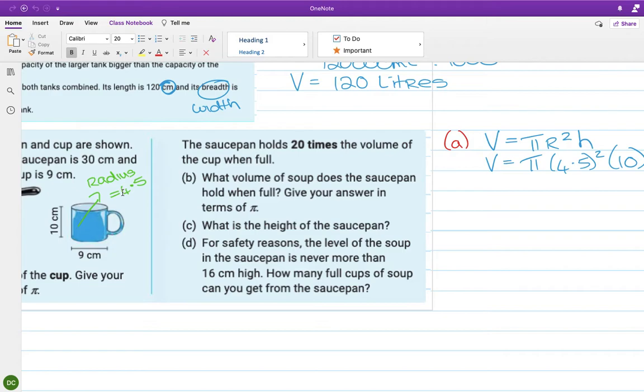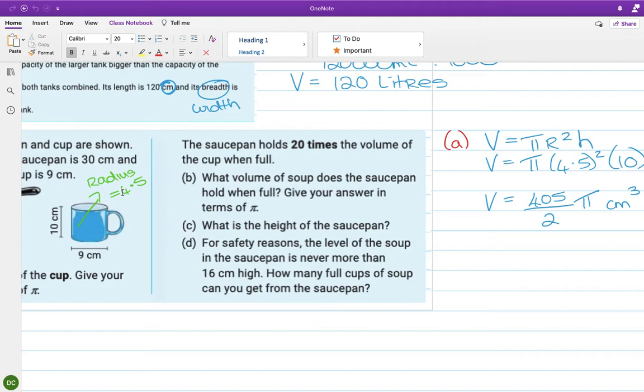So I'm going to type this into my calculator. I'm going to go shift pi, bracket 4.5, bracket squared, bracket 10, bracket. That's what I've typed in. And when I press equals, I get, it says in terms of pi, so 405 over 2 pi. And it's a volume, so centimeters cubed.